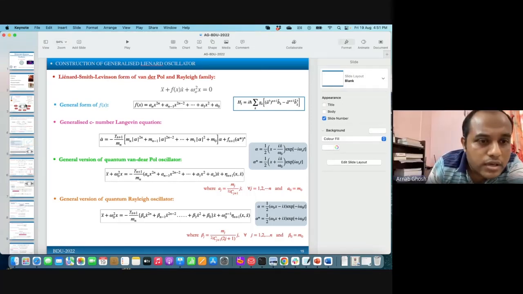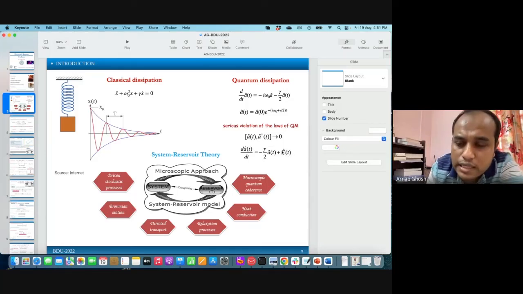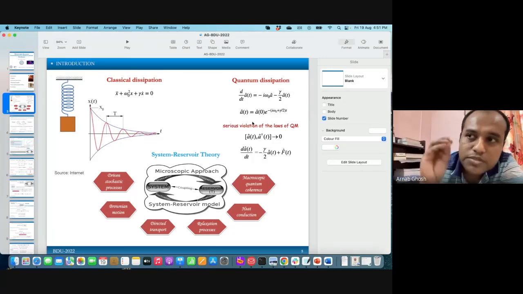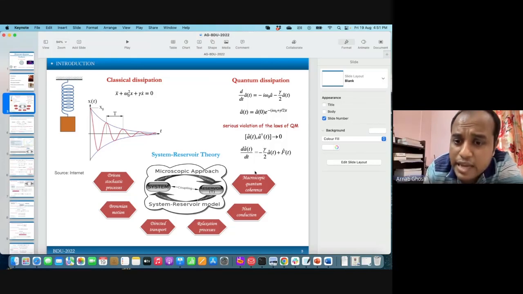Oh, okay. So maybe here, if I come, okay. In these Langevin equations, this noise essentially is a characteristic of the bath. So what happens? You start with your system reservoir Hamiltonian. You have your system, you have your reservoirs. Then you eliminate these infinite degrees of freedom of the bath variables and write down the reduced dynamical equations for the system only.